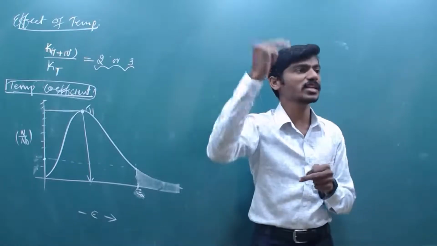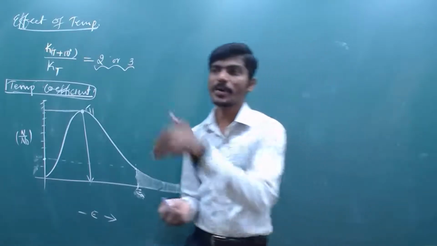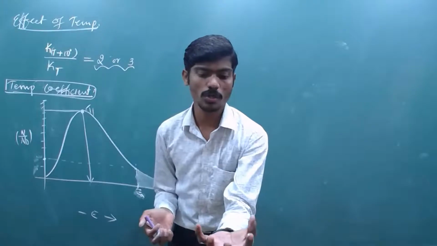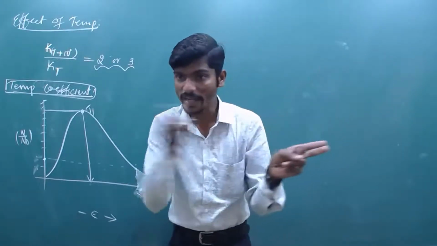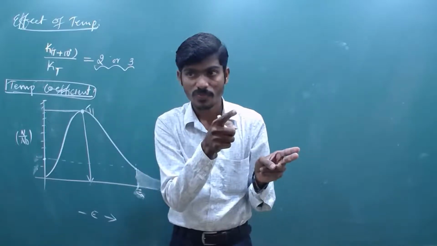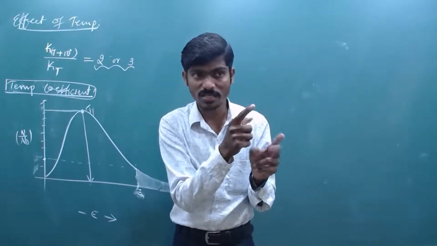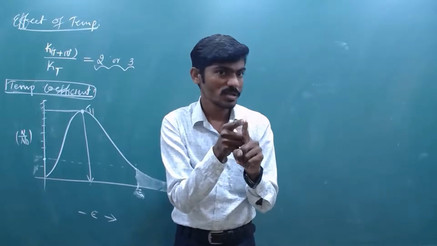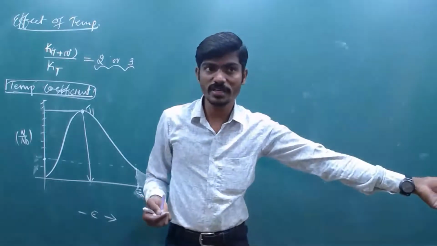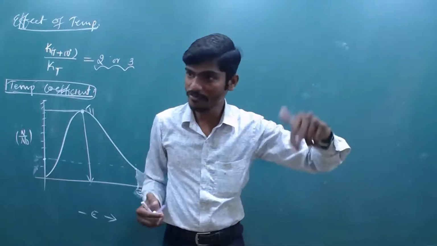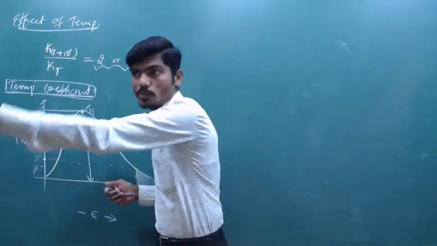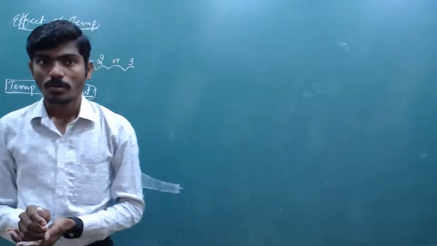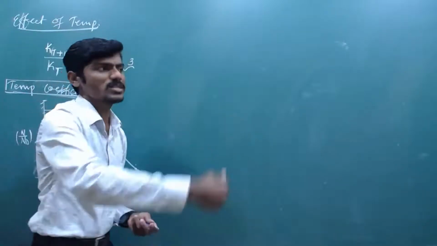What happens when temperature is increased? The reacting molecules absorb energy, and their kinetic energy increases. When kinetic energy increases, the number of collisions increases, that is, the collision frequency increases. As the collision frequency increases, more of the collisions become effective.